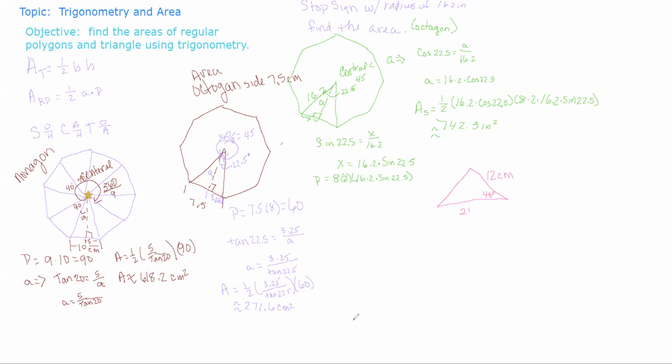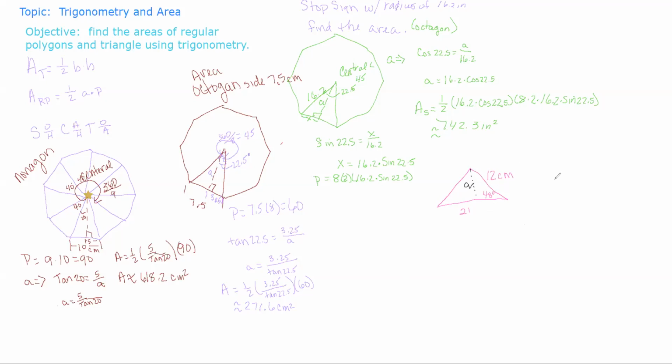So the first thing I need to do is draw in an altitude, right? Because I don't have one. So I need to draw an altitude in, and I need to find out that value. So I have a side and an angle. This is my hypotenuse. This is my side opposite.